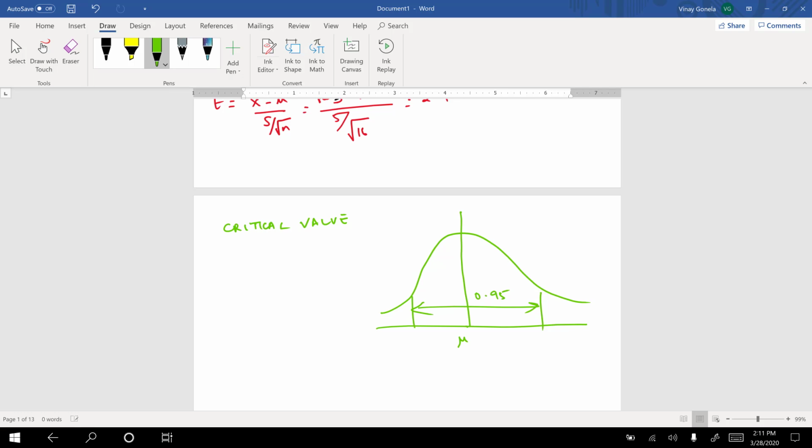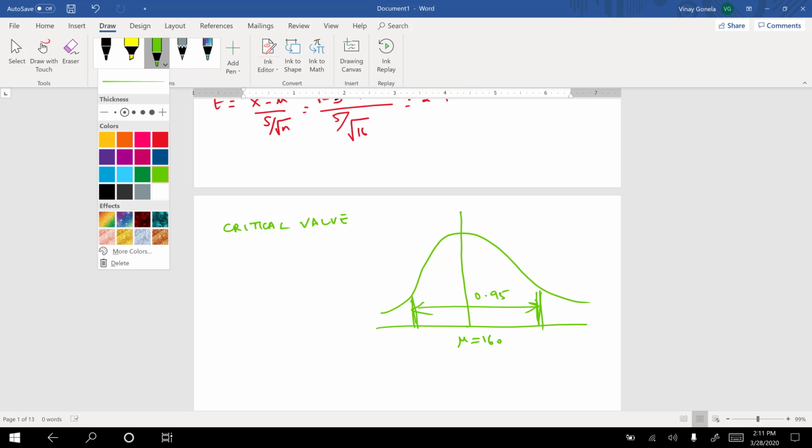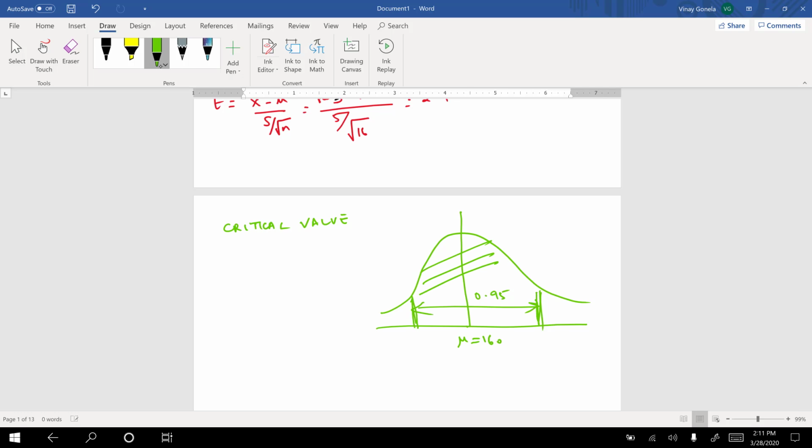Here mu would be 160, the president's claim, and anywhere in between these two, this whole area, the president's claim is true.